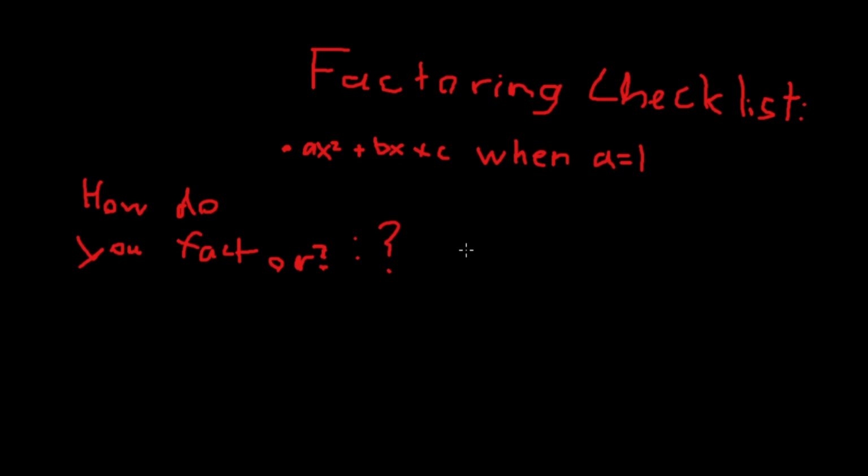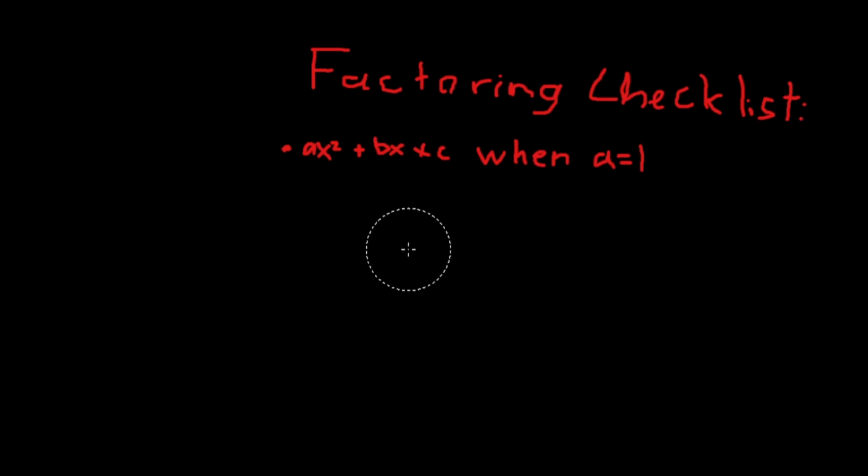Because the question, how do you factor, you really can't answer that with one sentence. So that's why we have this checklist here, so we can understand basically every situation with numbers and how to deal with those situations. So we got this one right.